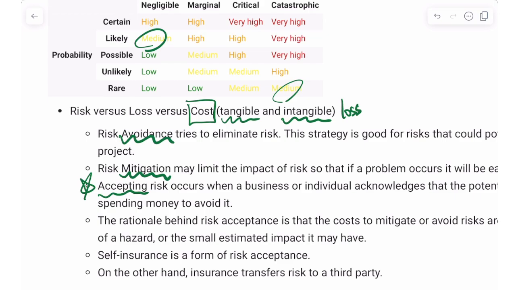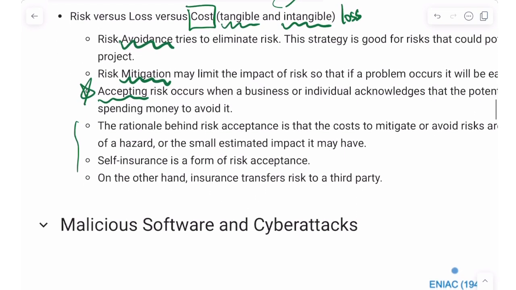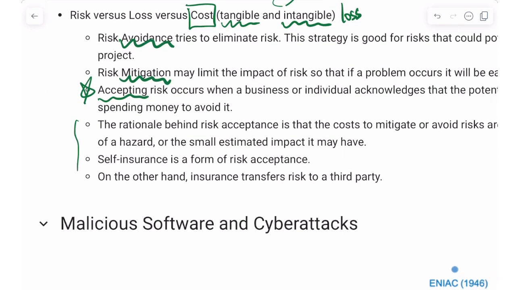Okay, and there is another way to deal with the risk. For example, we can transfer the risk. For example, if we have a database, but we lack an IT crew to help us protect the database, we can, for example, store our data in a cloud-based database, and we pay money to a more advanced, more professional database company to help us store that data.